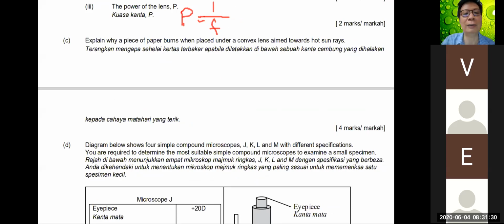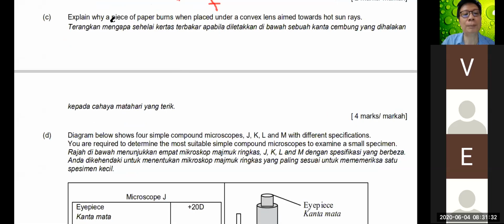Now C. Explain why a piece of paper burns when placed under a convex lens aimed toward the hot sun. Meaning it's like this: this is a lens, right? They put a piece of paper here, then you face it under the hot sun.